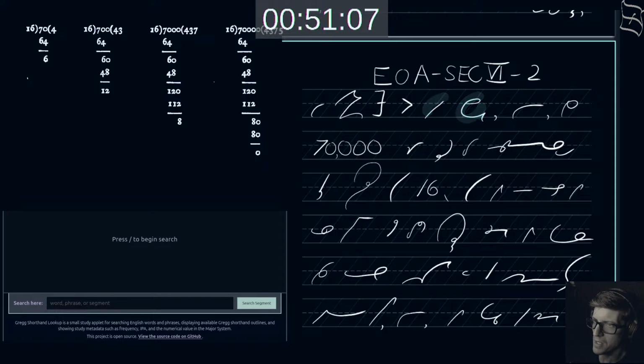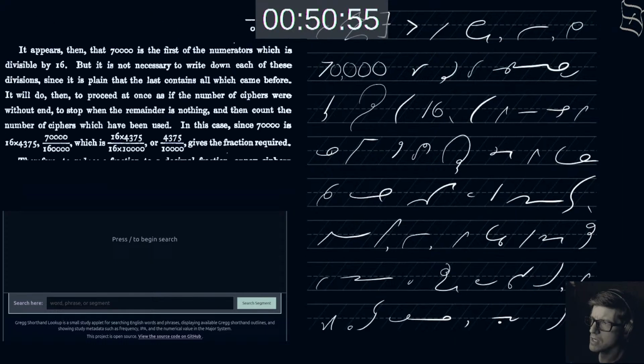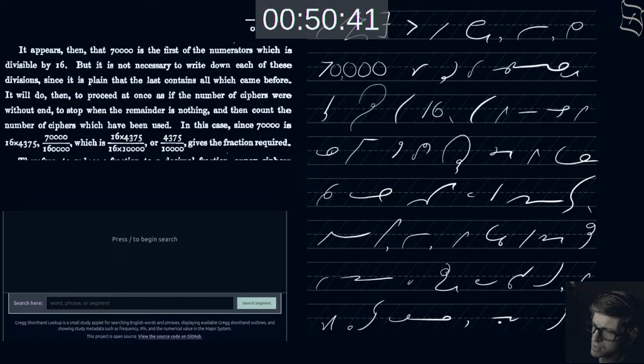It appears then that 70,000 is the first of the numerators which is divisible by 16. But it is not necessary to write down each of these divisions, since it is plain that the last contains all which came before.